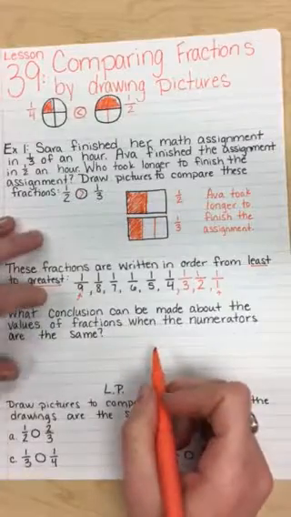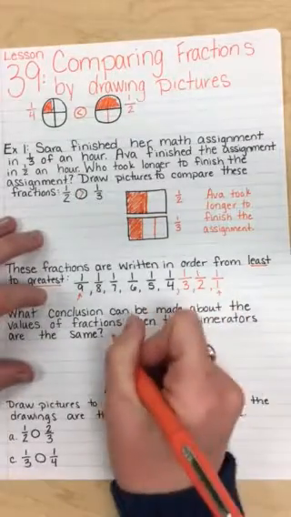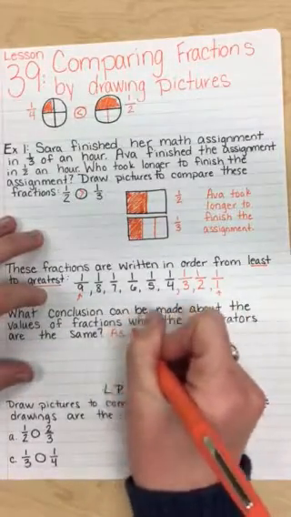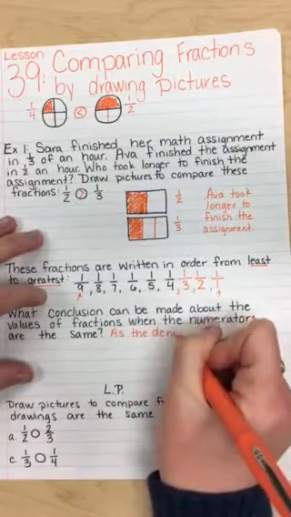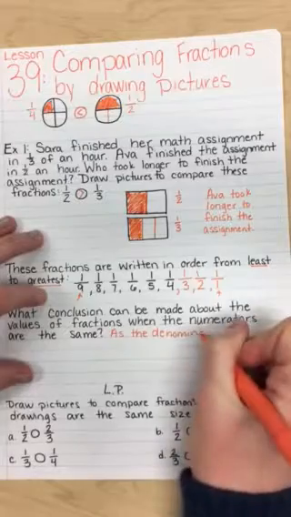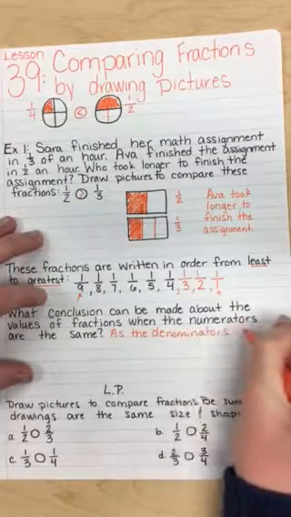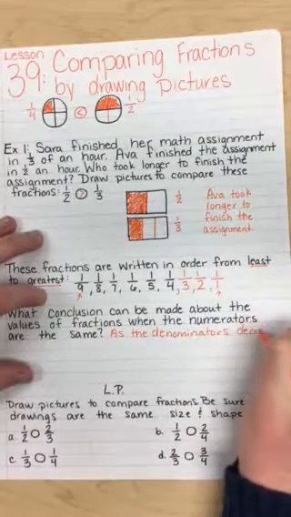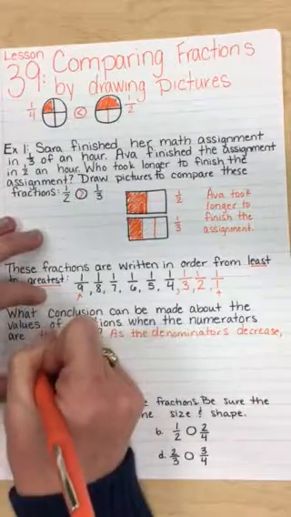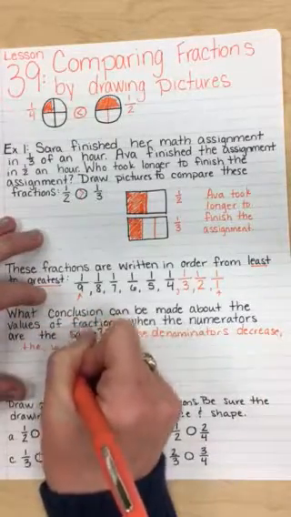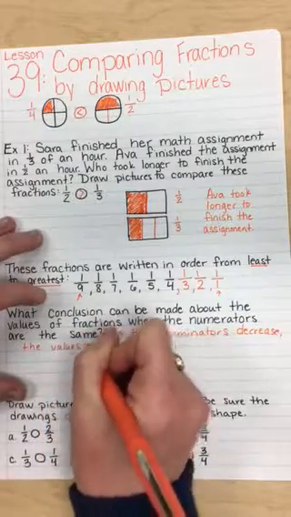What conclusion can be made? Well, the conclusion is as the denominators decrease, the values become larger.